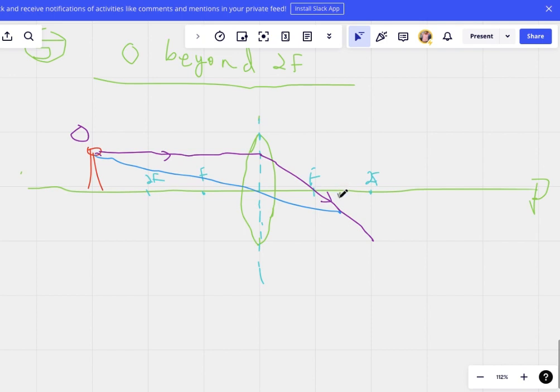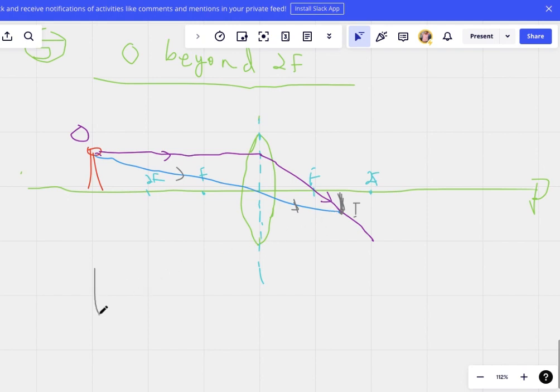The image formed is diminished, it's very small. This is the object, this is the image. The image is smaller, it's diminished, although it's inverted.